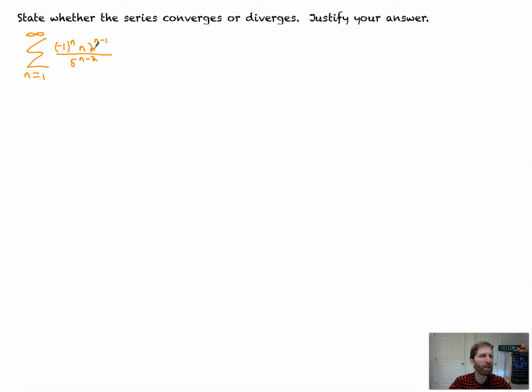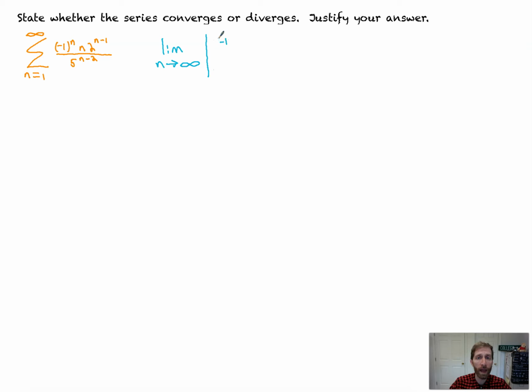So here we've got our real messy expression. I'm not going to expand that thing out, but it's messy. We've got exponentials involved. We've got some alternation. This is one for your ratio test. So we'll take the limit as n goes to infinity of the absolute value of the n plus first term.